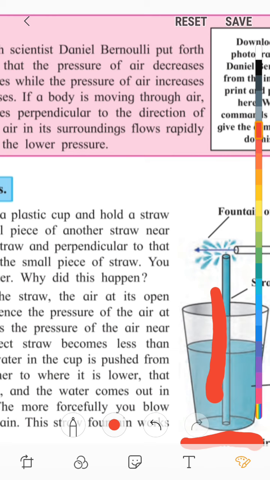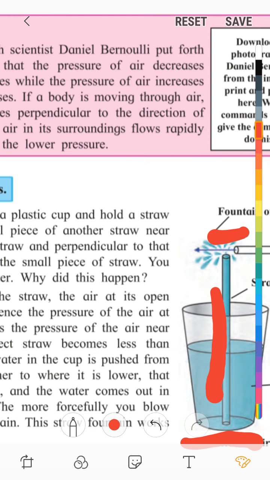Hold a small piece of another straw near the upper end of the first straw, perpendicular to that straw, and blow hard through the small piece of straw.